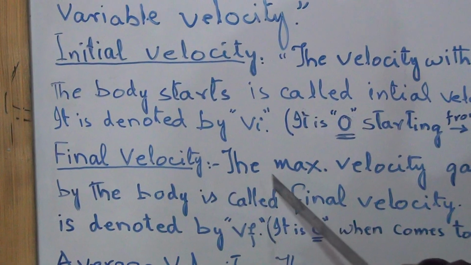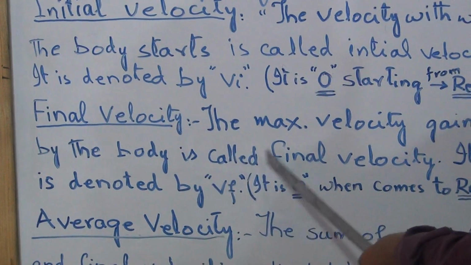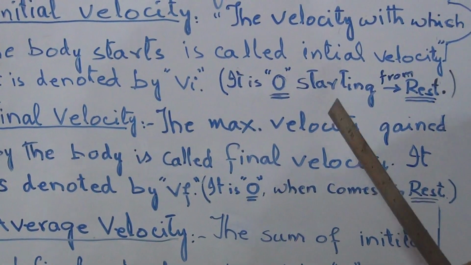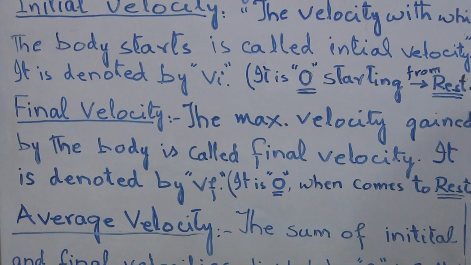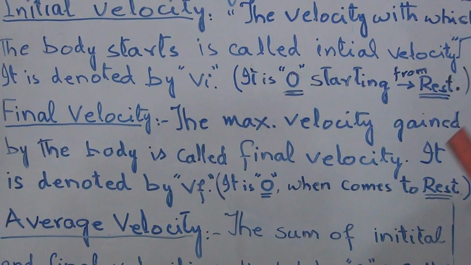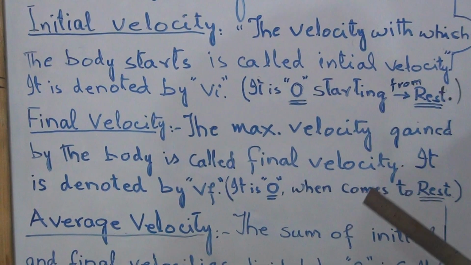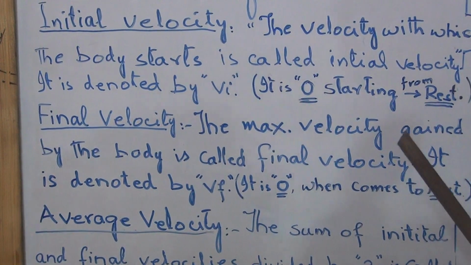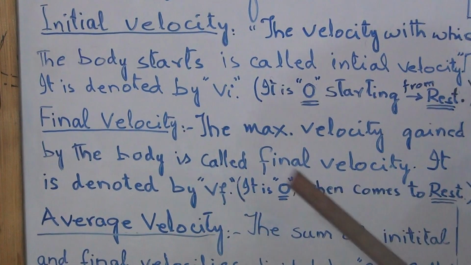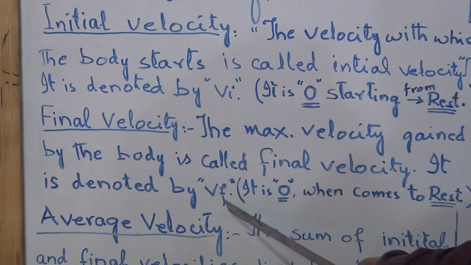Final velocity: the maximum velocity gained by the body is called final velocity. It means when you are speeding up the car, you reach 80 kilometers per hour. So it is your final velocity. It is denoted by VF, V capital, F small.